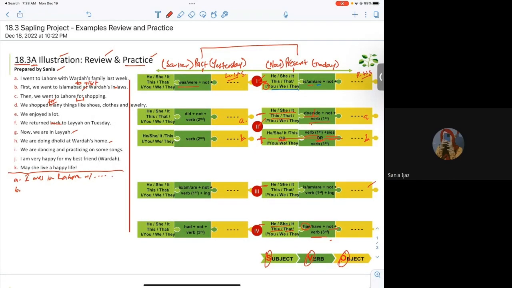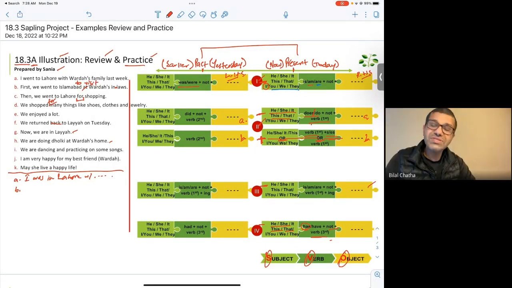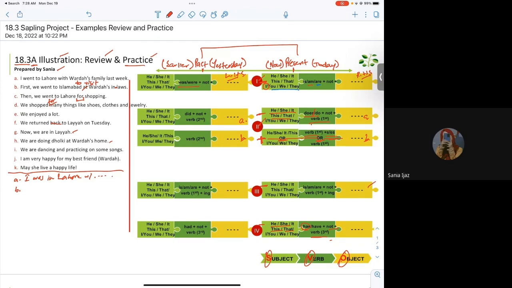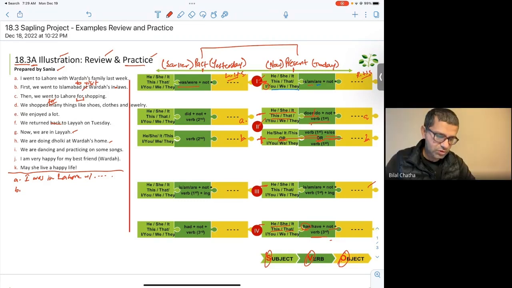If you say these sentences separately, how would you say that? I will say we are dancing on some songs and we are practicing on some songs. Okay, we are dancing on some songs and practicing some songs. Or practice with, maybe.